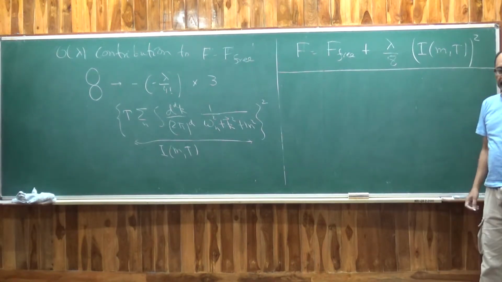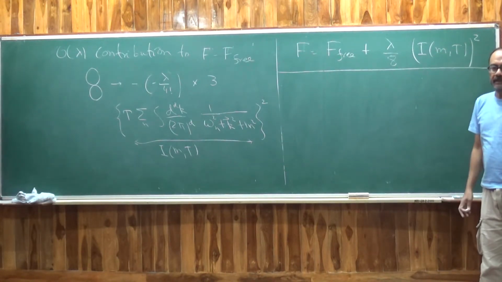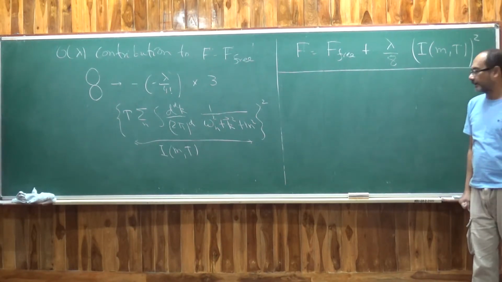Okay, this is our formula for one loop, the free energy to order lambda. The free energy of this scalar field to order lambda.